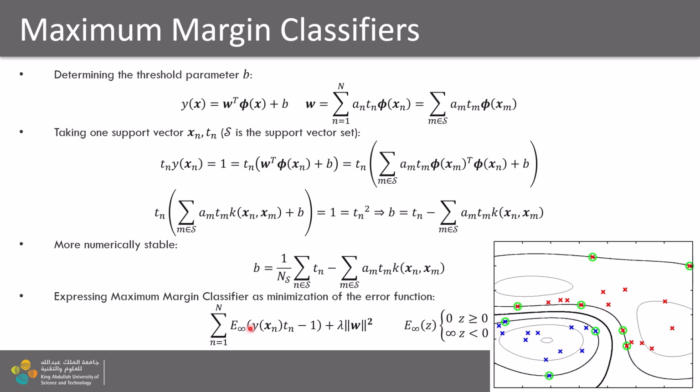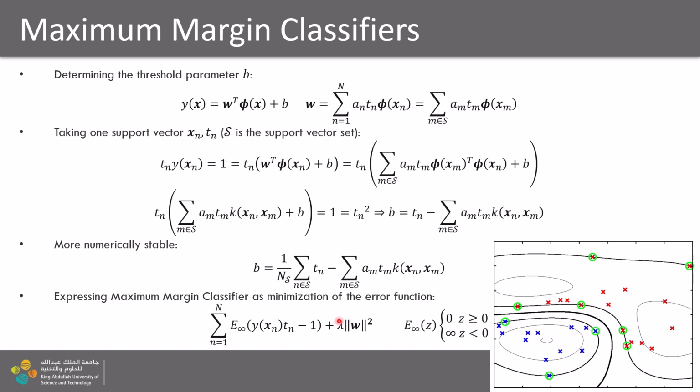This means that for all the points which are far away from the decision boundary, this will result in a value which is higher than 1, and therefore we will have a 0 error. And otherwise, if we are close to the decision boundary, where this term is smaller than 1, in such a case we will have an infinitely large error.